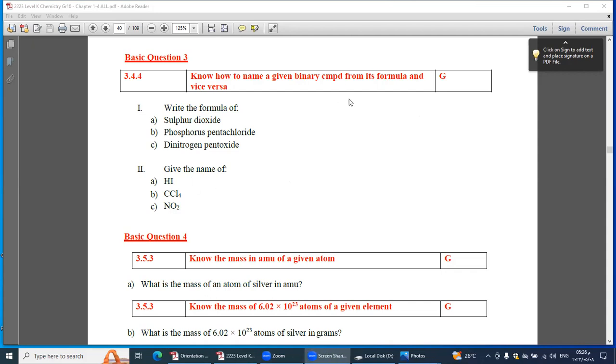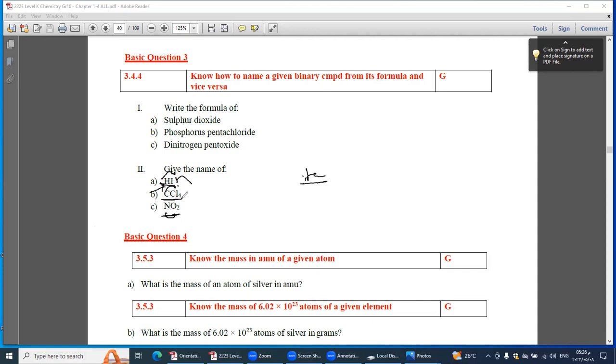Give the name of HI, CCl4, NO2. In case of two elements like HI, the first one you write as the element and the other one has "ide", like hydrogen iodide.